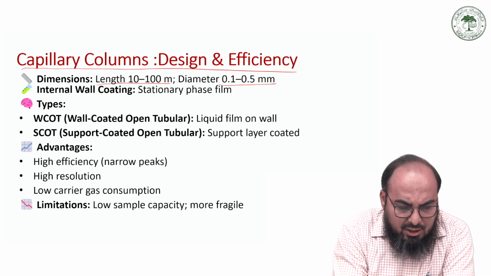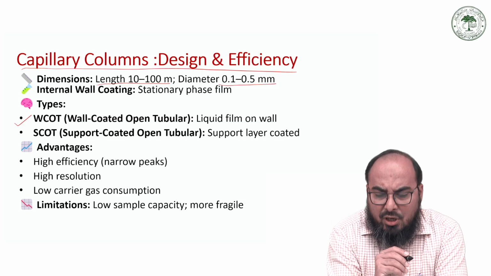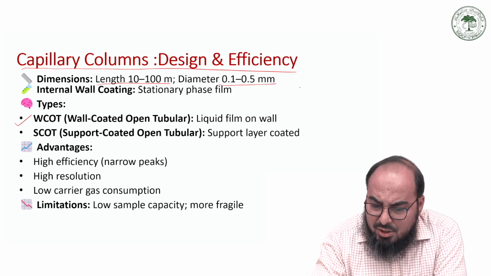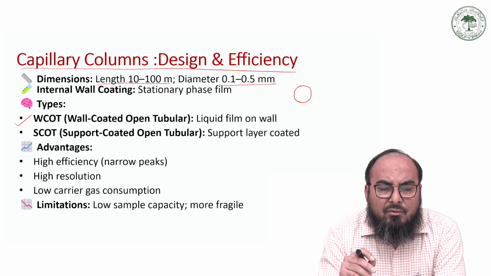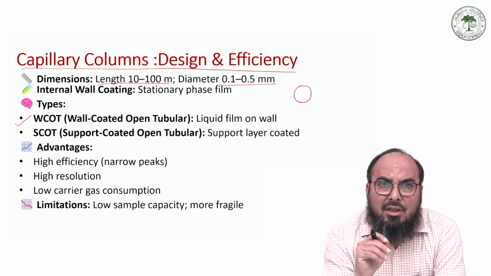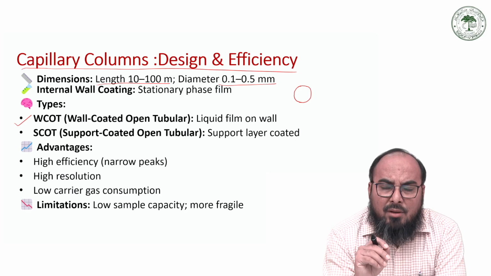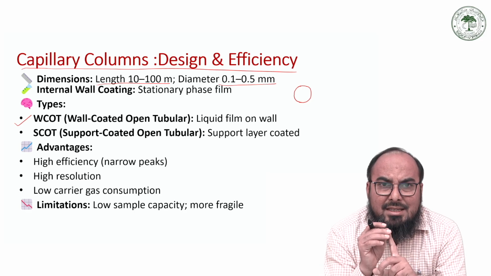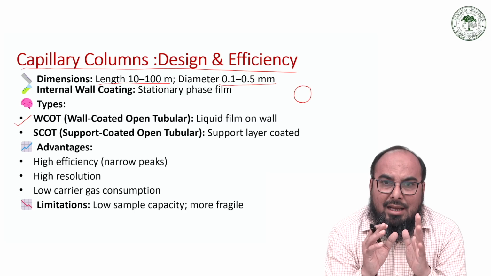For example, if we want to discuss the wall coated open tubular column, and draw a cross sectional view, then it is like this. Most of the time when we talk about the open tubular column, we should remember that these columns must be made from high tensile substances. Generally, these open tubular columns are made up of stainless steel or fused silica, that is high quality glass.